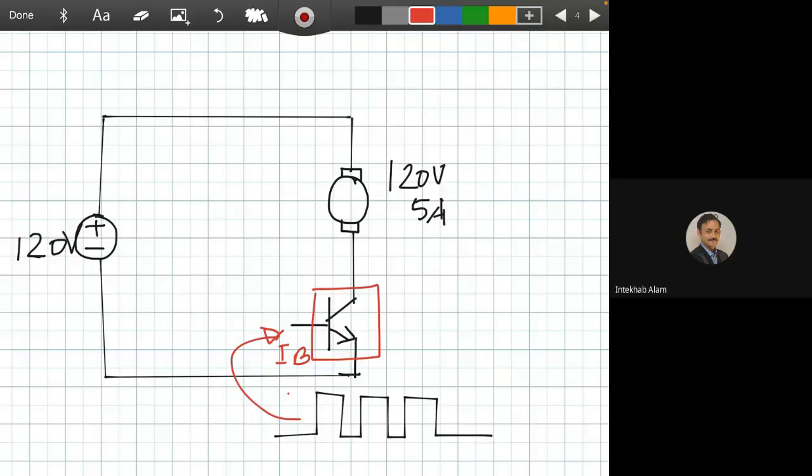Sir, 120 volts. Good. It's 120 volts. So what will be the change in voltage? Could you please tell me what is the change of the voltage?